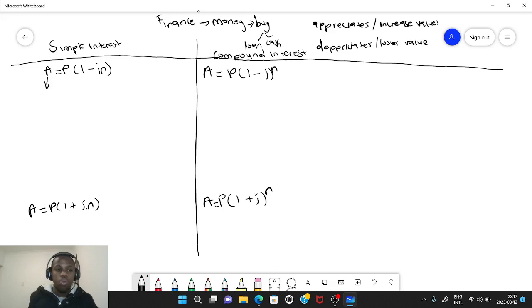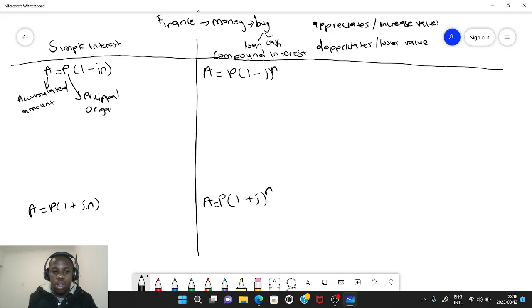A is known as the accumulated amount, and I will explain what the accumulated amount is. You shouldn't be stressed. And then P is known as the principal or the original amount.